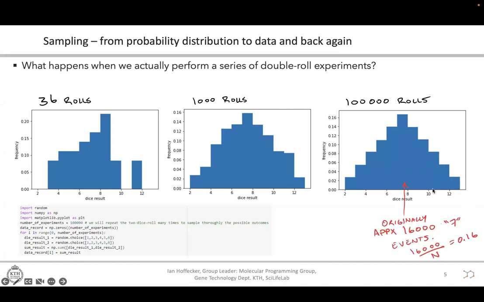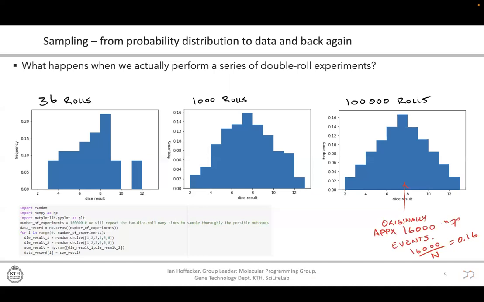And in this case, we performed 100,000 events, and we got approximately 16,000 results corresponding to the 7 event. And when we divide this by n, or 100,000 in this case, we got this value here, 0.16. And if we remember, that was the probability that you would roll a 7.